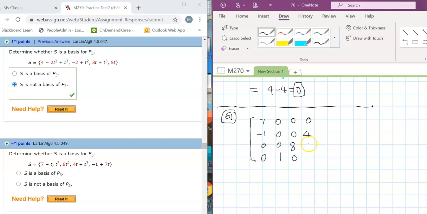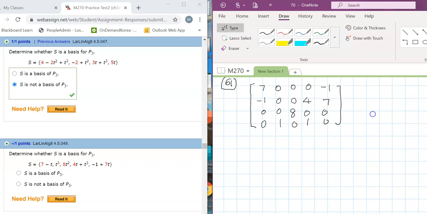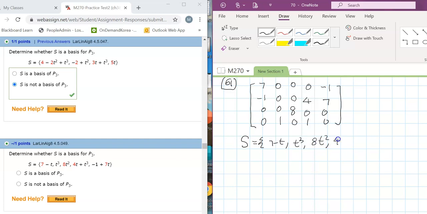Okay. Now, it's not a basis. Okay, let me explain. 0, 4, 0, 1, -1, and 7, 0, 0. Now, look at this. How many vectors in the basis? S has 7 minus t and t cubed, 8t squared, and then 4t plus t cubed, and then -1 plus 7t.